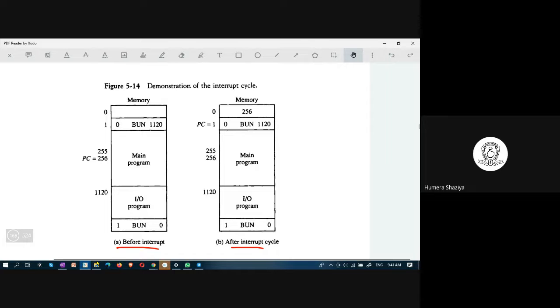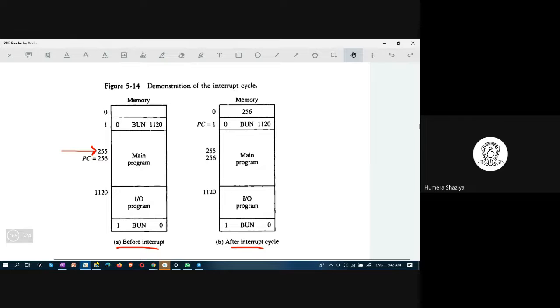Consider the processor is executing this instruction. It is at 255. When the processor is executing instruction 255, obviously PC would store 256. Apparently, PC stores the address of the next instruction. So PC is storing 256.